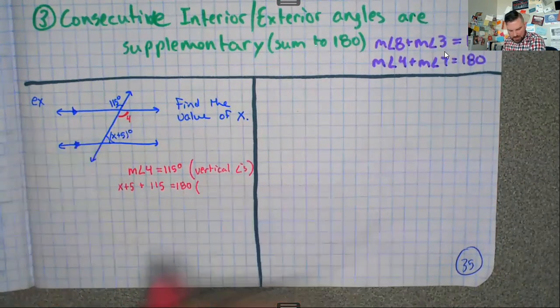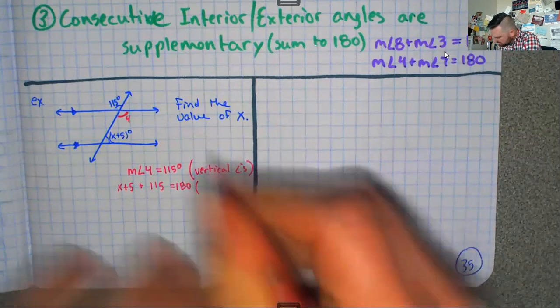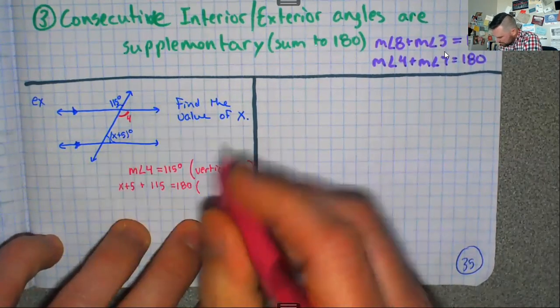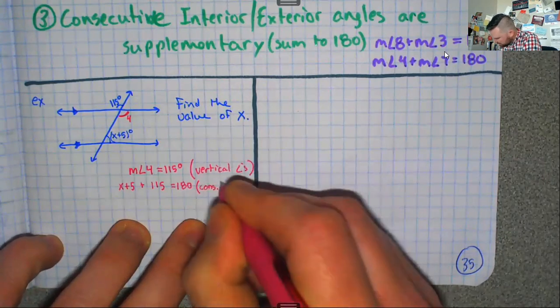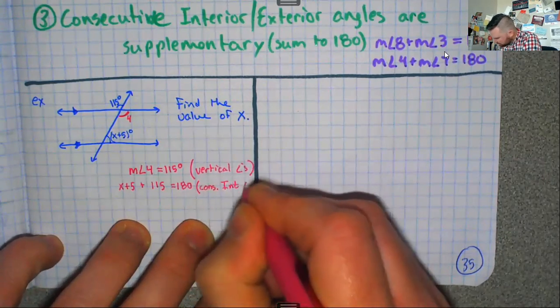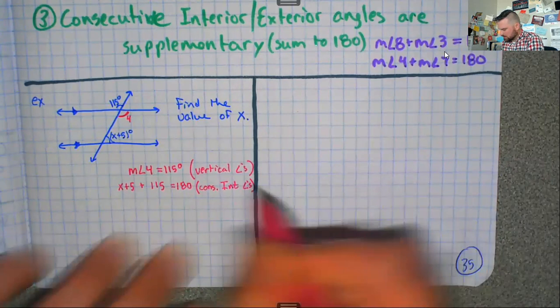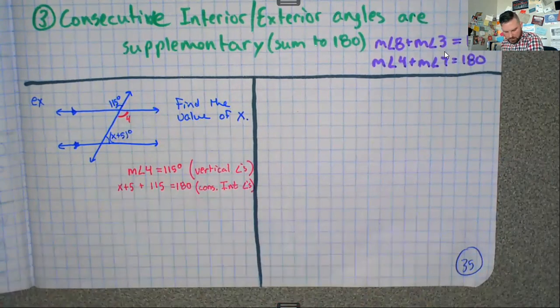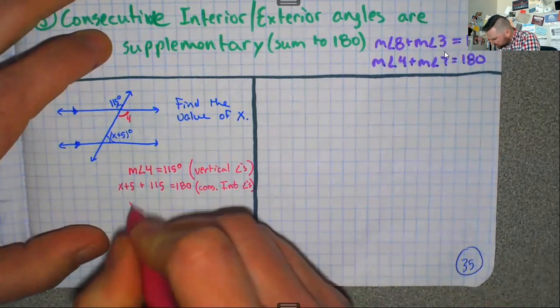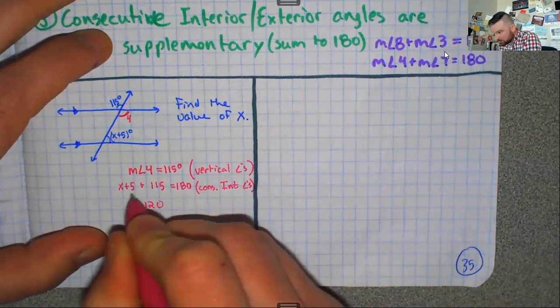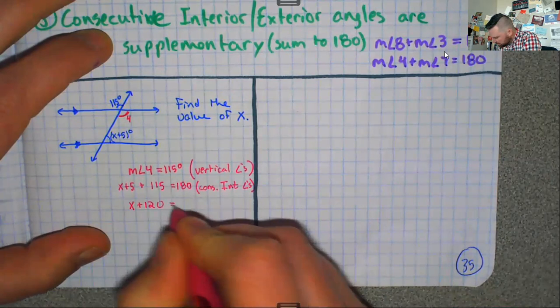The reason I can do that is because, and we can abbreviate some of this, consecutive interior angles. Those 2 are consecutive interior. Then I'm just going to solve this out. x plus 120, because we add those 2, equals 180.